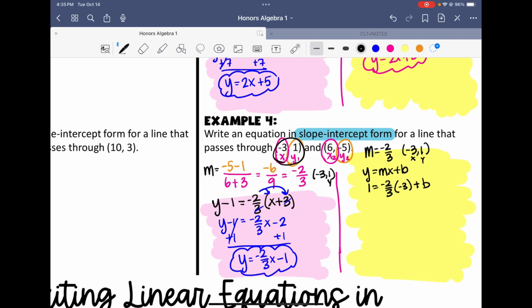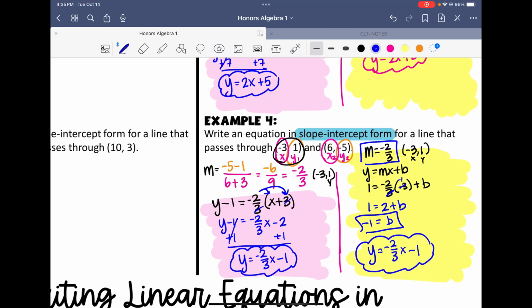We're figuring out what b is. My 3's will cancel out, and that makes a positive 2. So this is going to be 1 equals 2 plus b, and b is going to equal negative 1. So I'm going to use m of negative 2/3, b of negative 1, y equals negative 2/3 x minus 1. So either way will work.